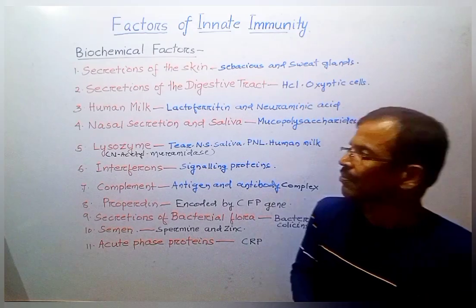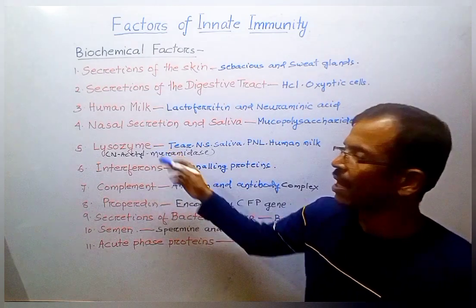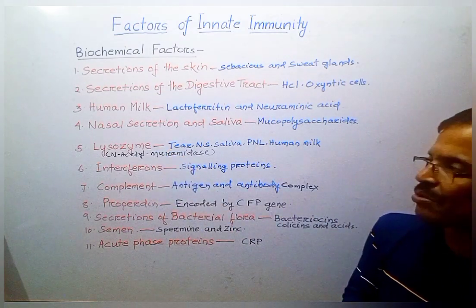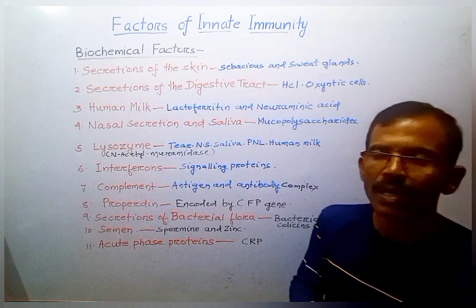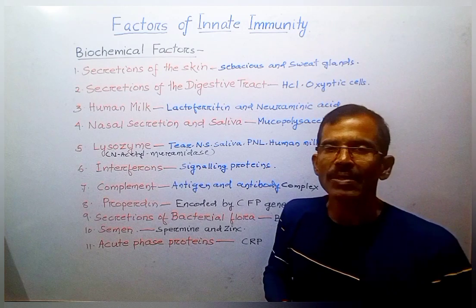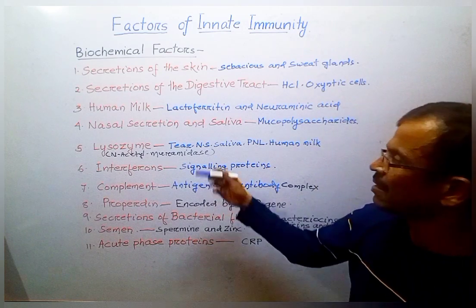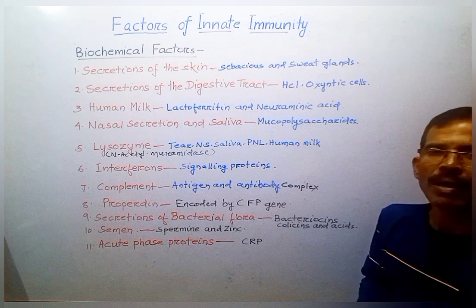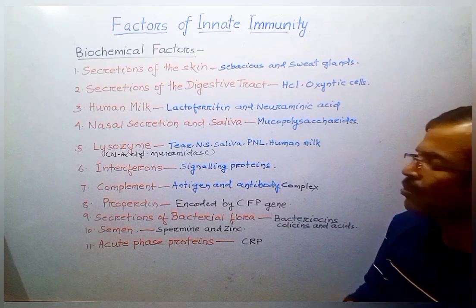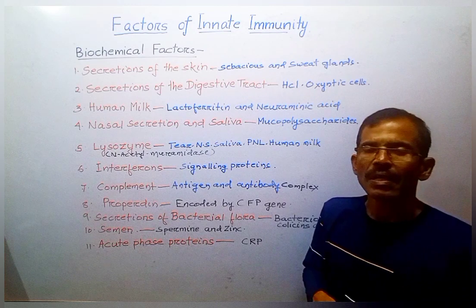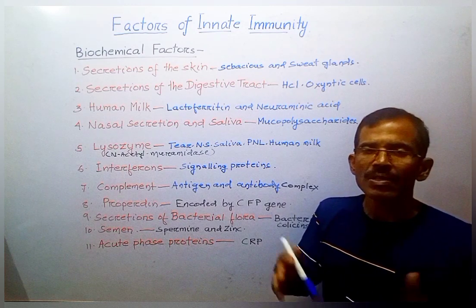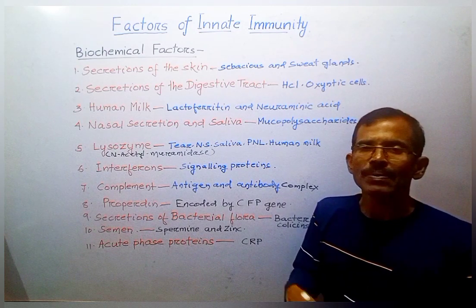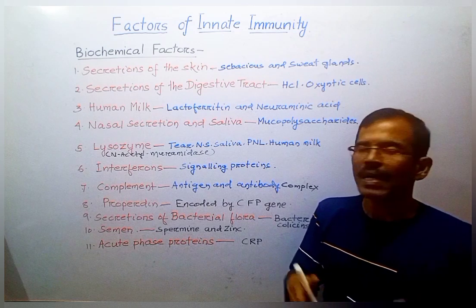Next biochemical factor is lysozyme, which is also known as N-acetylmuramidase. Lysozyme is present in tear, nasal secretion, saliva, polymorphonuclear leukocytes, human milk and other tissue fluids except cerebrospinal fluid and urine.